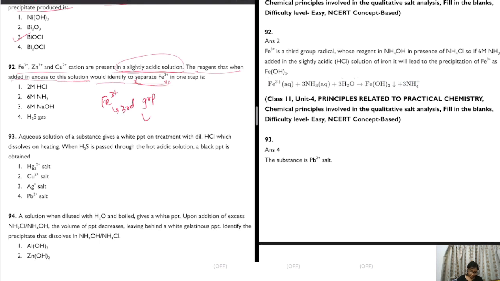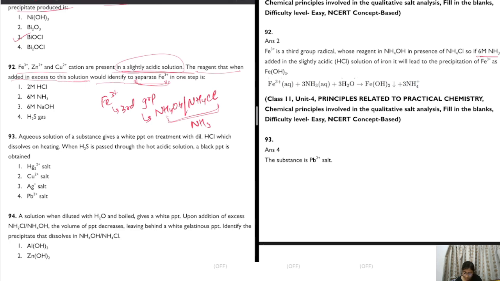And for the third group we have the reagent NH4OH in presence of NH4Cl. What will lead to the precipitation and form Fe(OH)3. The precipitate is ferric hydroxide. So how do we get it? By adding it.